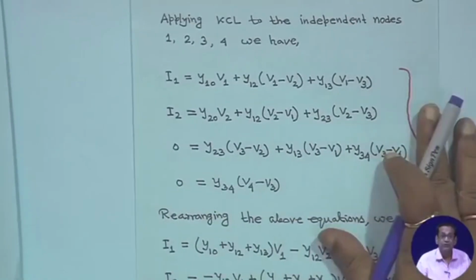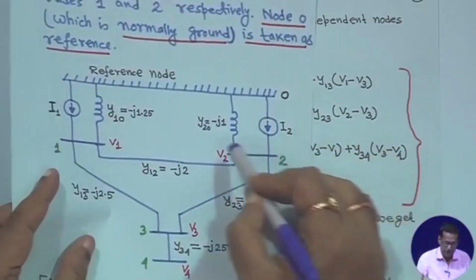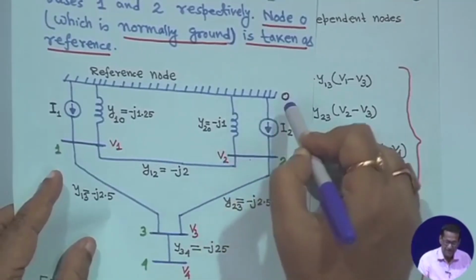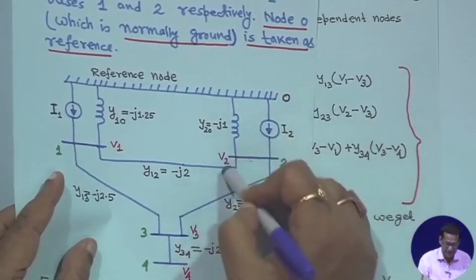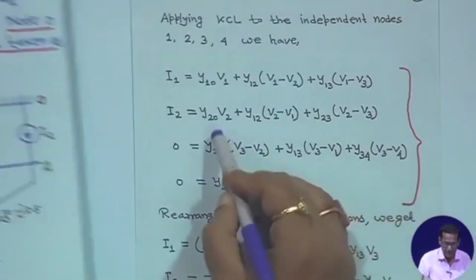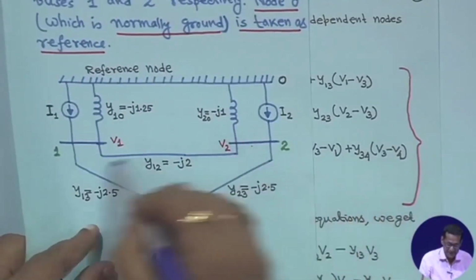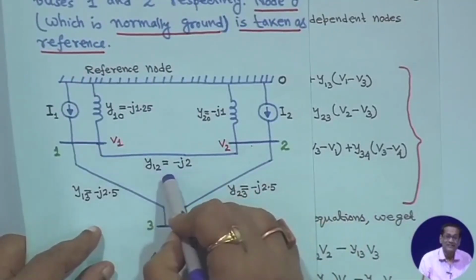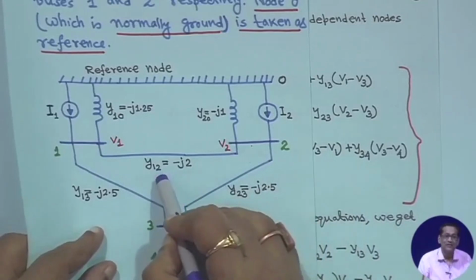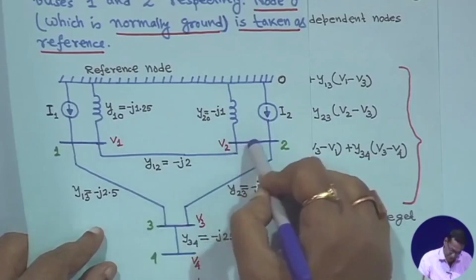Similarly, for this one, I2 is equal to Y20 V2 minus 0, since that is 0 potential, so basically Y20 V2, plus Y12 into (V2 minus V1), because current is leaving from 2 to 1.